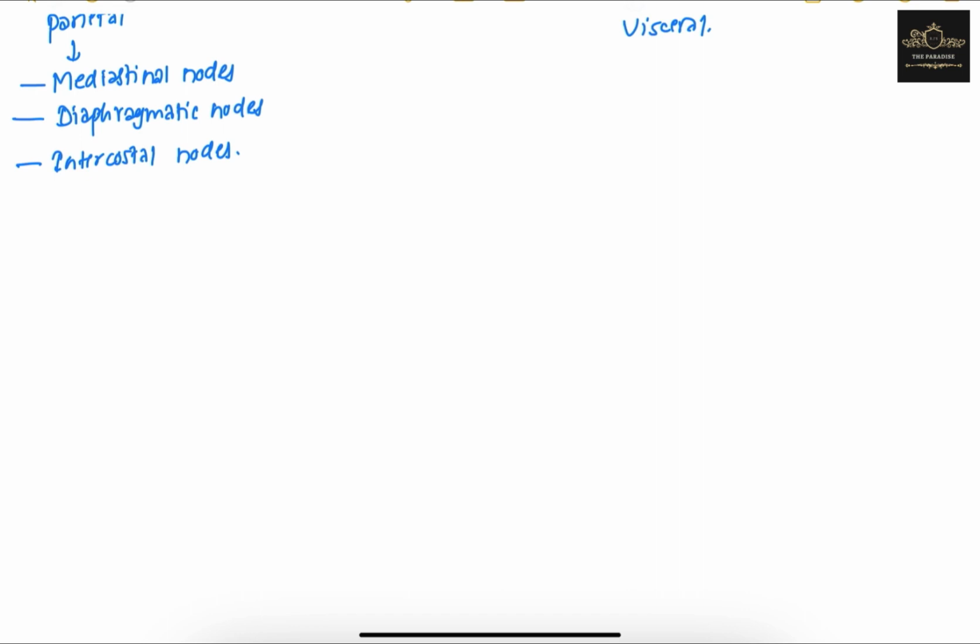In the visceral part, it is bronchopulmonary lymph node.